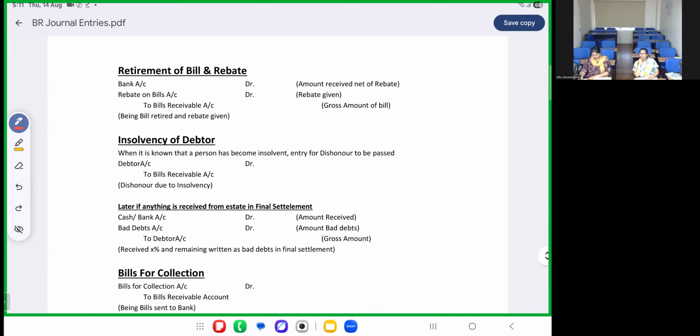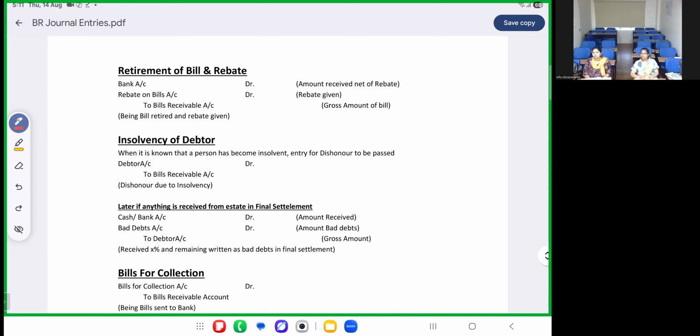Retiring the bill means they are paying the amount. But they are having extra funds, they are paying us early. Retiring the bill early and they are getting the rebate. Rebate means when they are paying early, we will give some discount.